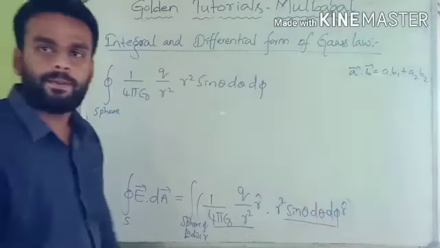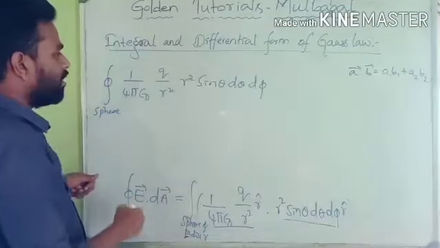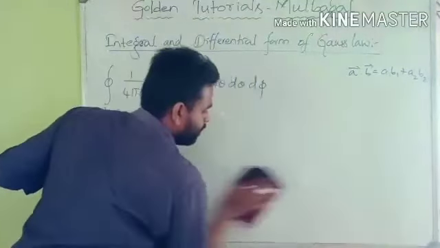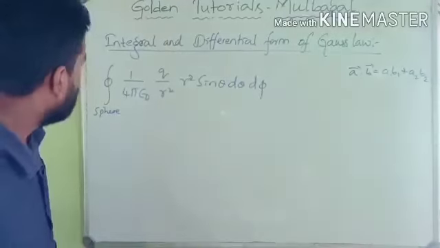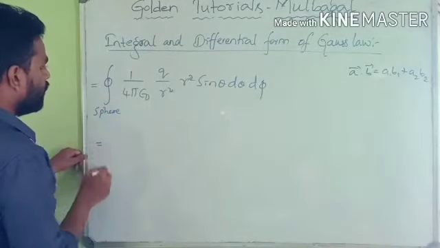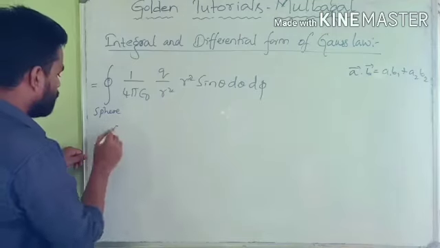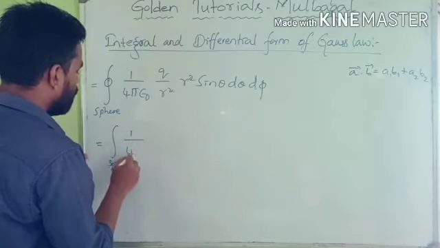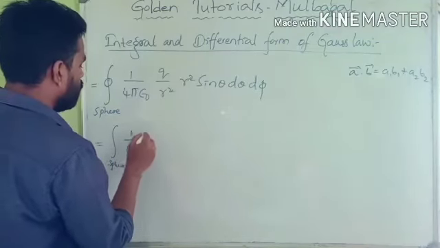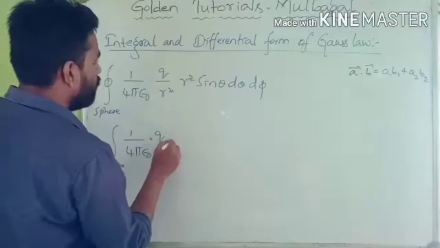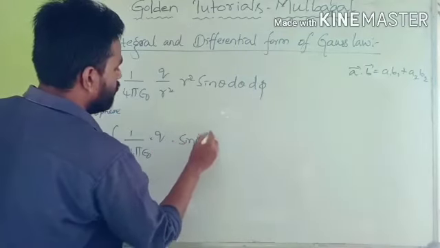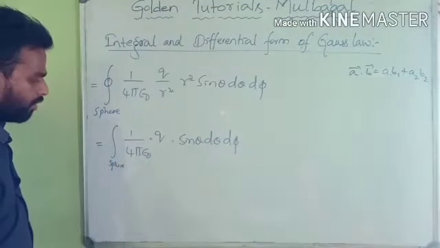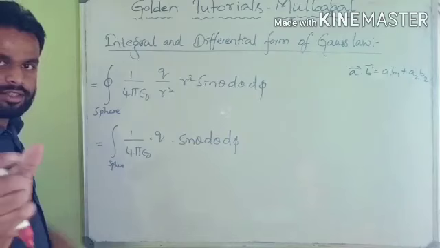Now let us solve this integral. Now see, r square gets cancelled. What you will get? We are going to get the integral over the sphere of 1 divided by 4 pi epsilon naught into q into sin theta d theta d phi. Now q divided by 4 pi epsilon naught is a constant.